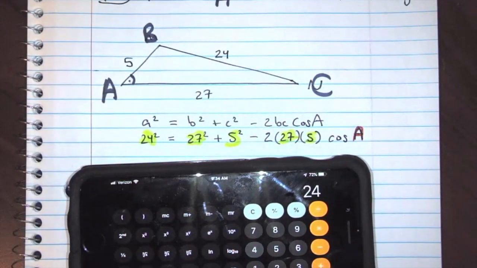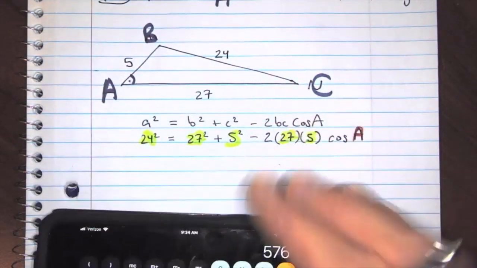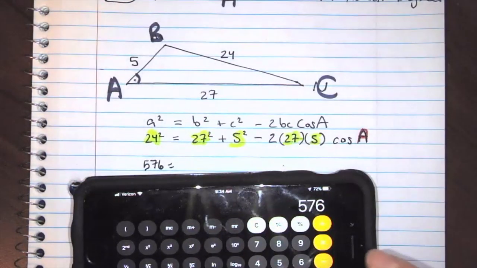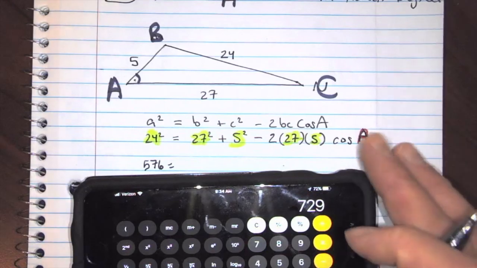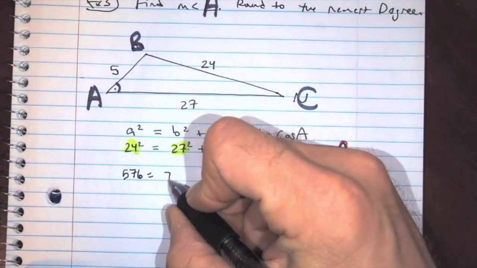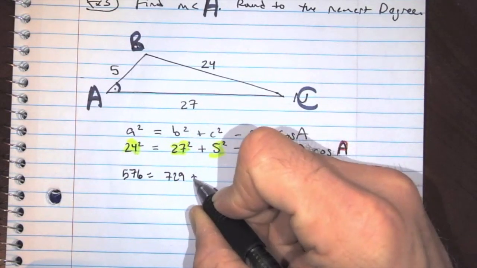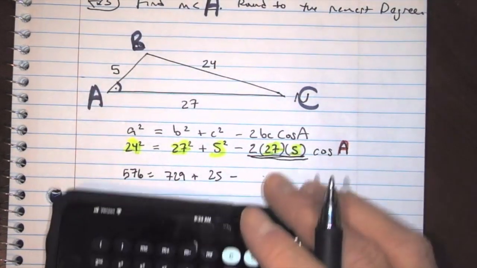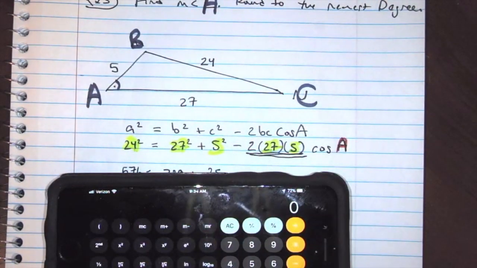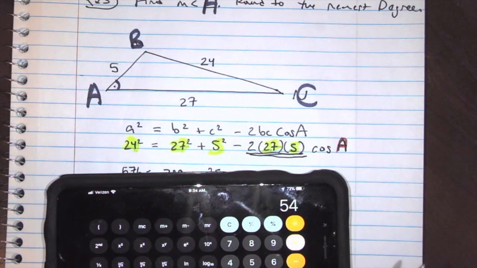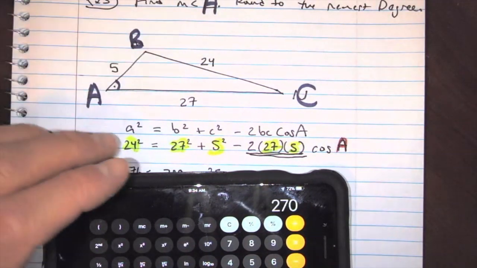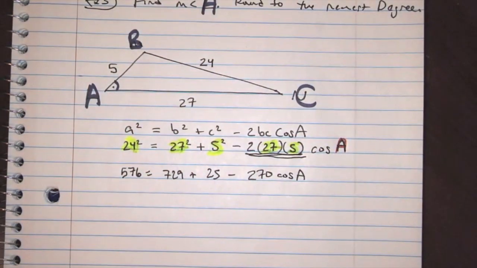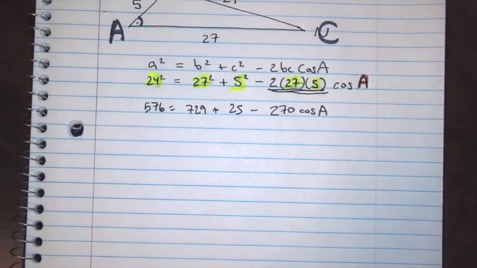24 squared, I've got to punch this out, 24 times 24 is 576. Equals 27 times 27 is 729, folks. 2 times 27 times 5 is 270, cosine big A. Alright, this is different from the last problem.